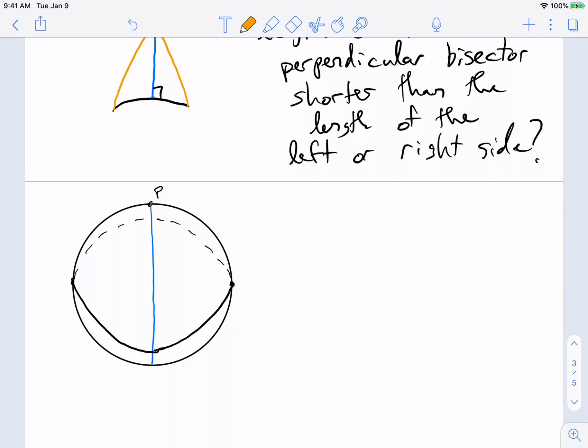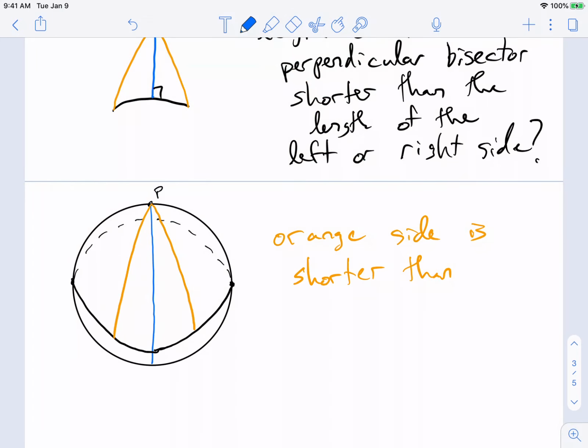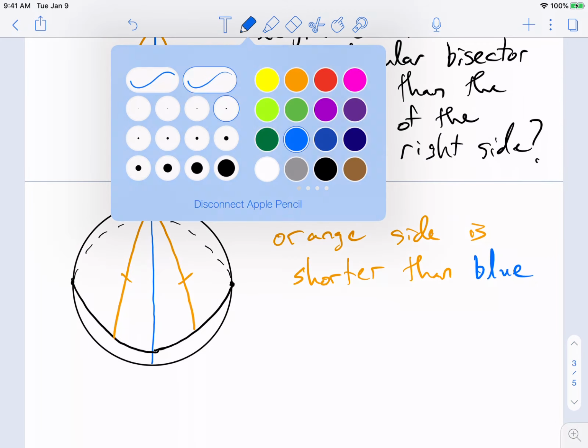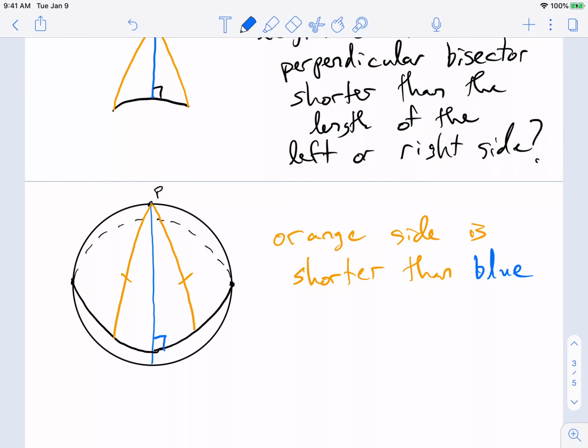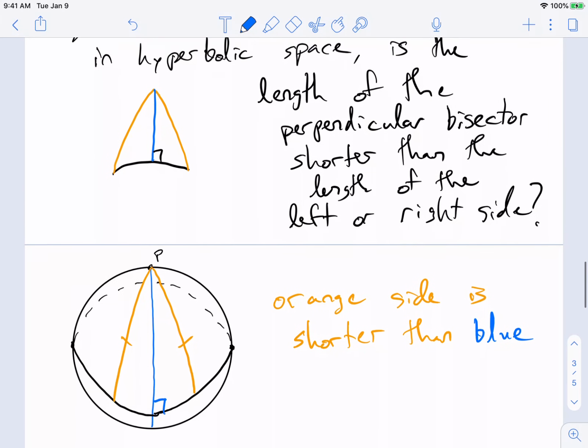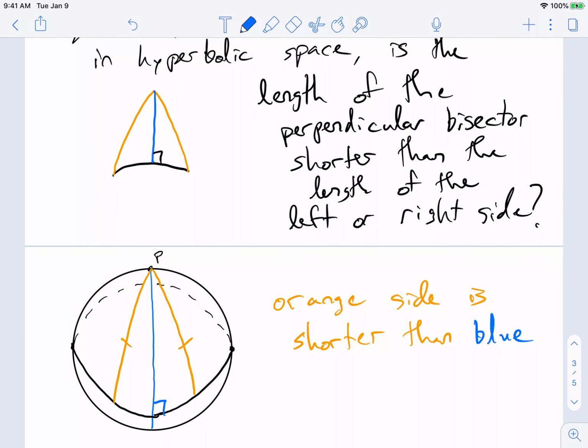And now in this case, if I look at these longitude lines, the orange side, this is going to be a shorter path to P than the blue. Okay, and so what I've drawn for you is an isosceles triangle here, where the perpendicular bisector is actually longer than the edges. Okay, I think that's unique to the sphere.